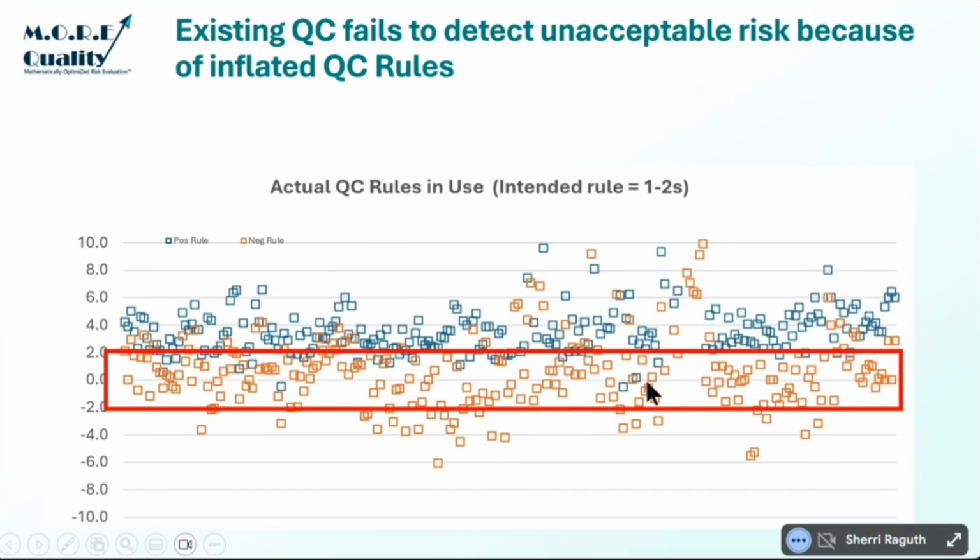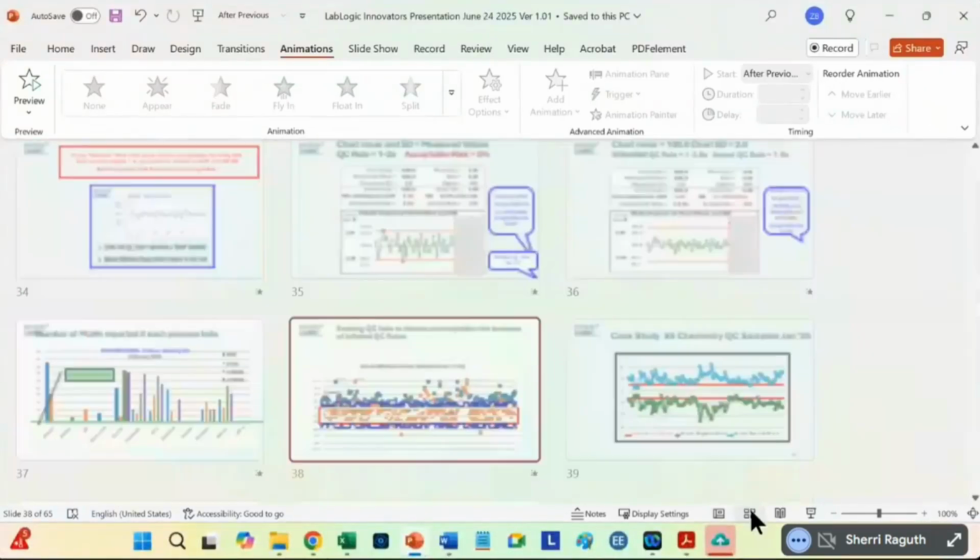So what they think is a -2SD might be right on the mean because they've put the mean on the QC chart 2 SDs higher than it is, and then they've doubled the standard deviation. It's not uncommon to see people using a 1/6S rule or a -6S rule or a 1/10X rule. These are the rules that people are using, and that's why QC doesn't work the way it's being done today.